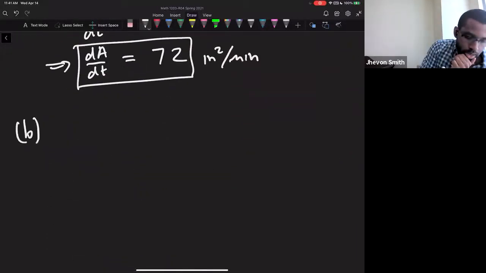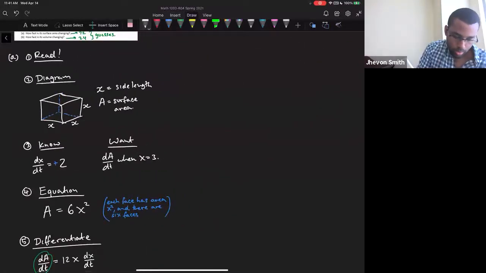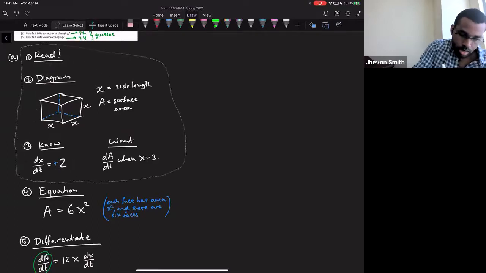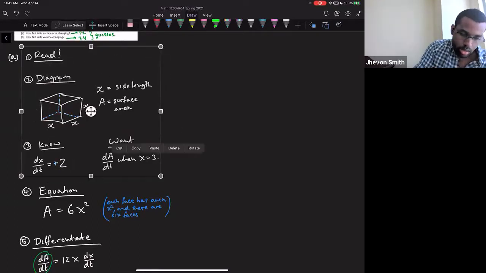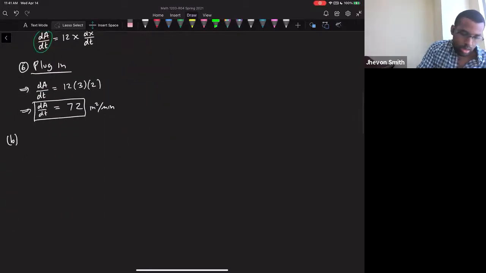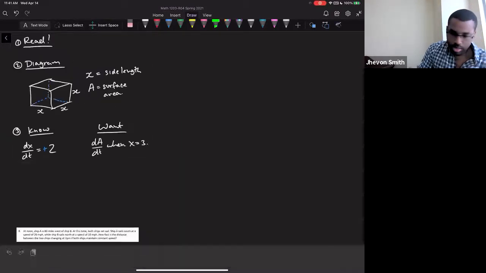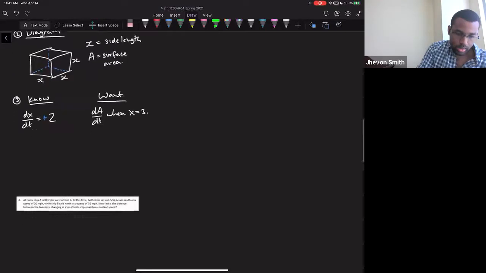So B starts out very similar. It's the same object, right? We are going to be very similar up to like step 3. Let's use technology to our advantage here.